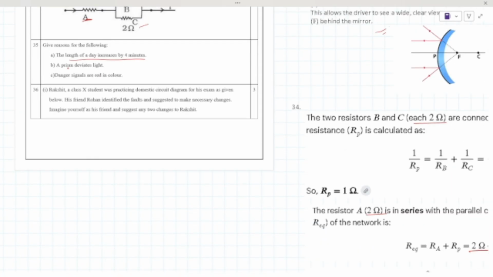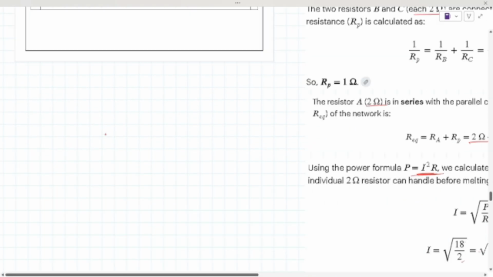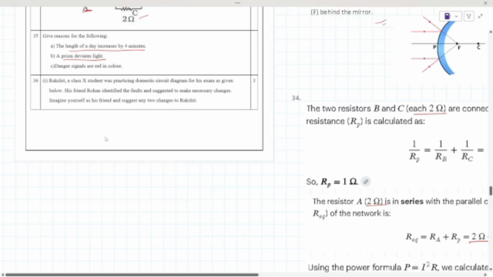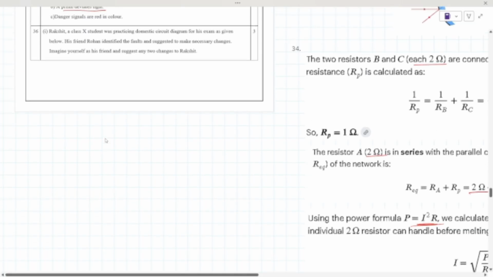Now the second one, a prism deviates light. Please explain it. The prism deviates light because of the shape, because of the refraction in the glass slab.